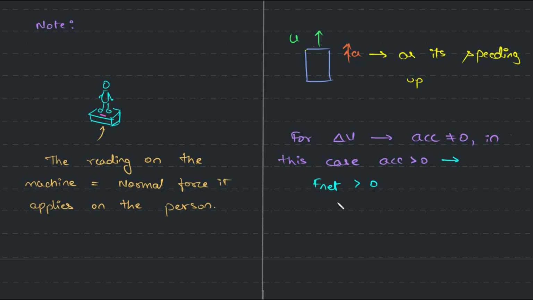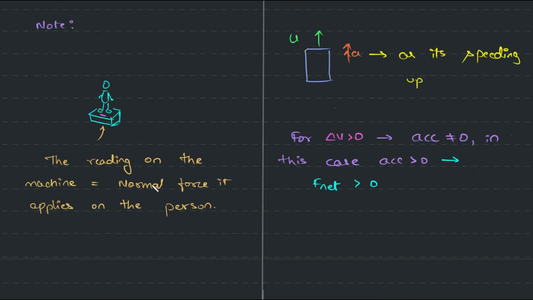Okay, so with this conclusion, when this is speeding up, or I can put it in this way, this is more than 0 and delta V is more than 0. Acceleration is non-zero. In this case, acceleration will be more than 0. So net force has to be more than 0.